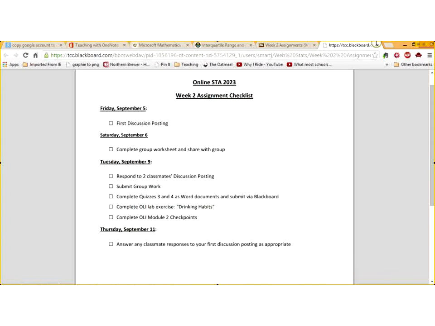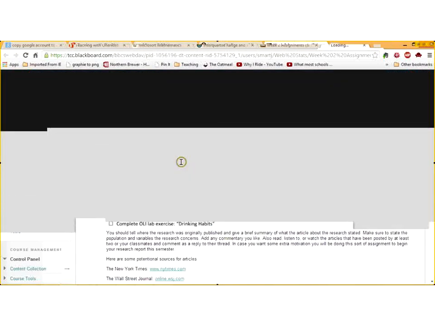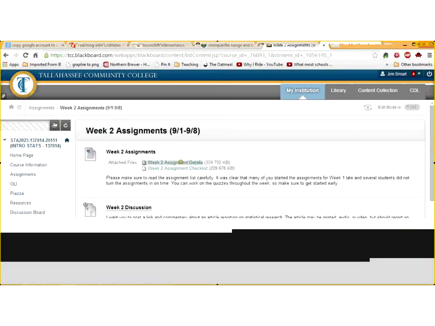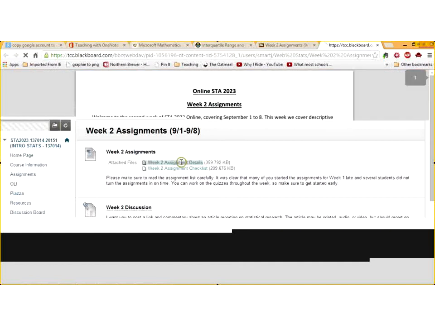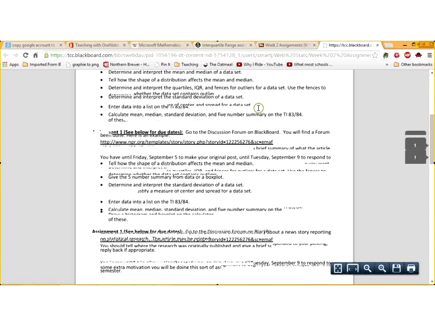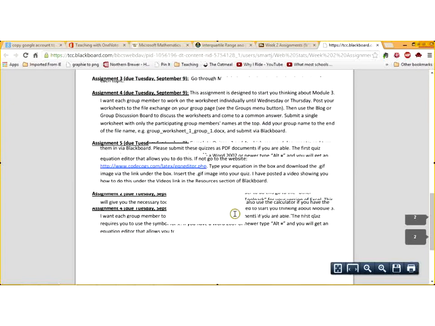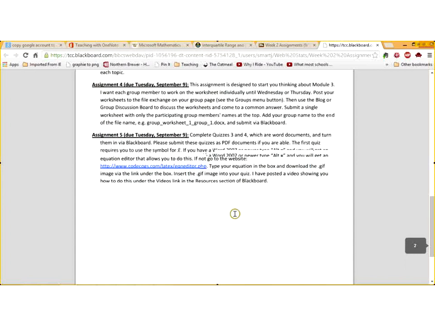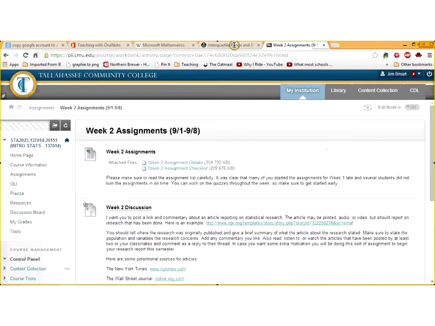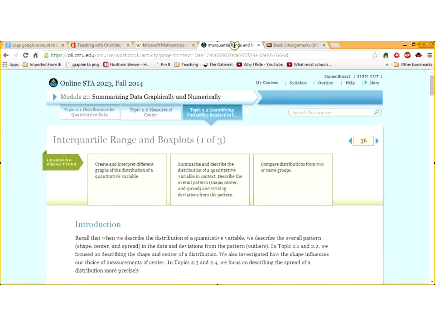But if you want more detail on what each thing is, you click the details, and this tells you sort of the objectives for the week, and then more details on each of the assignments for the week. All right. So make sure you look at that each week, and then you'll know exactly what's due and when.